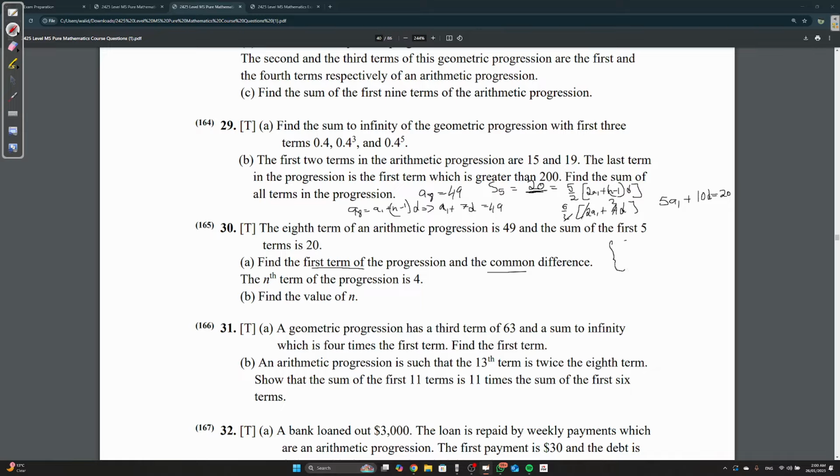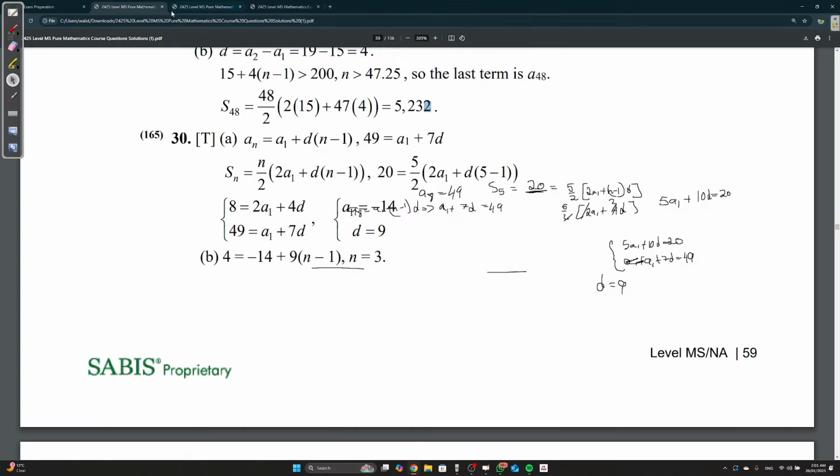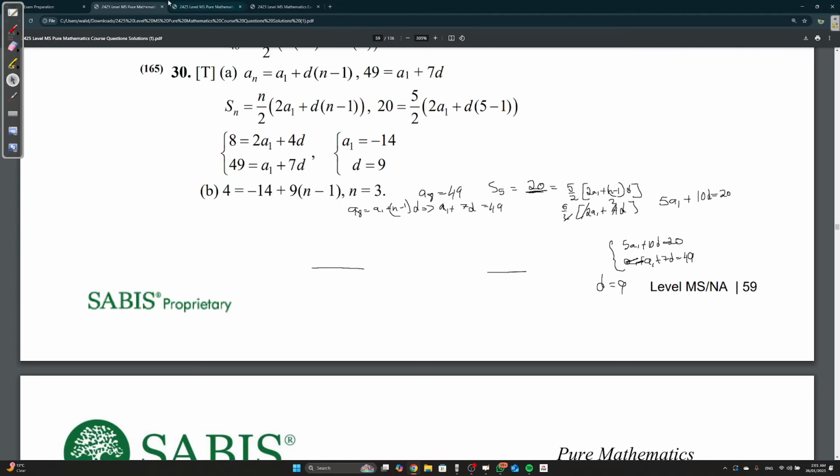The first one is this one. The second one is this one: a1 plus 7d is equal to 49. Now solve these both. I'm sure you all know how to solve a simultaneous equation at this age. You're going to get d equal to 9 and a1 is negative 14.